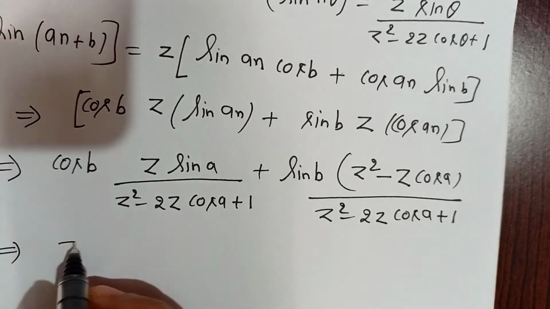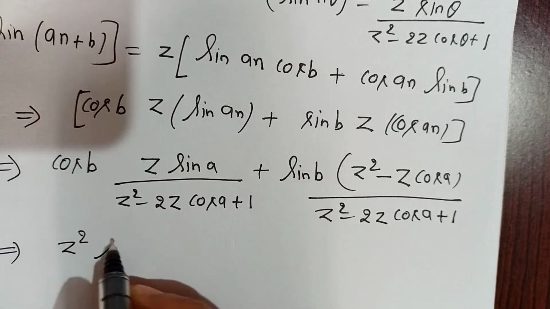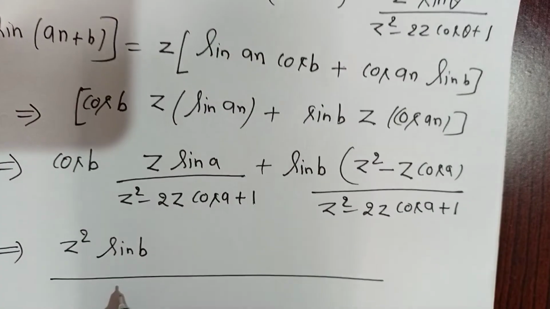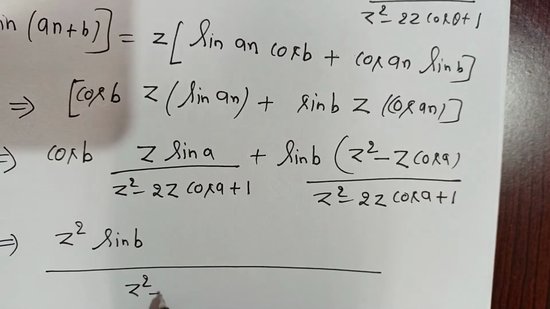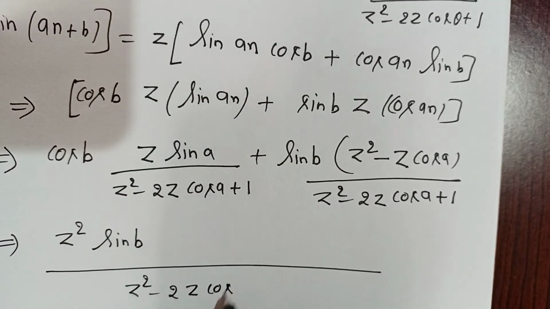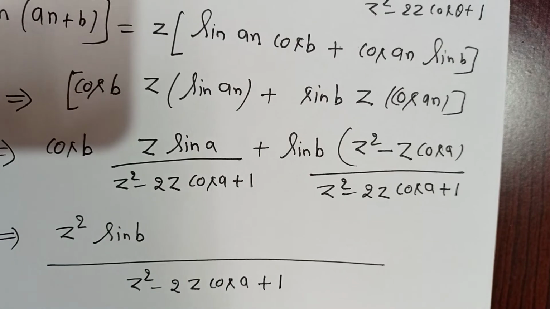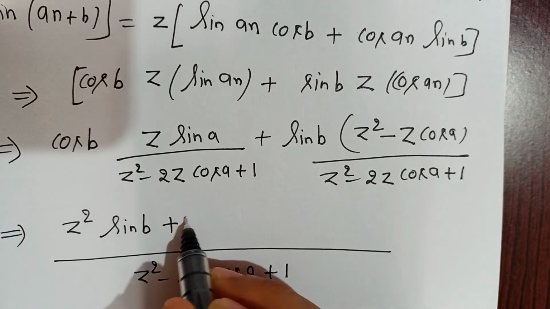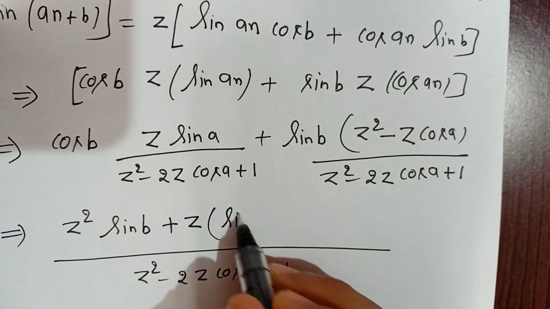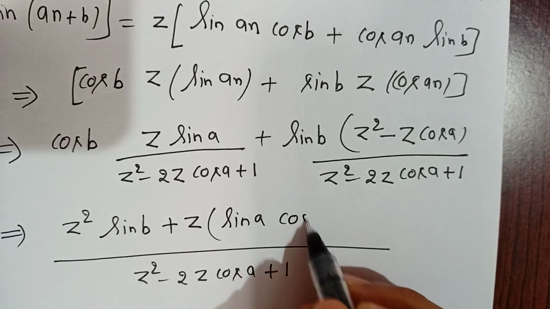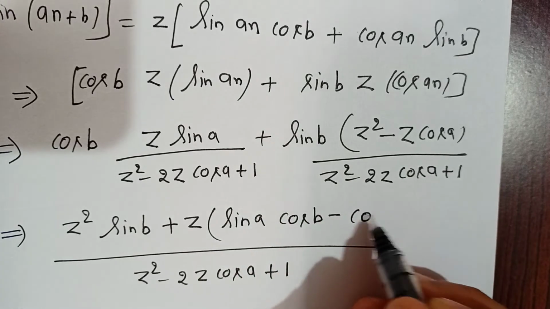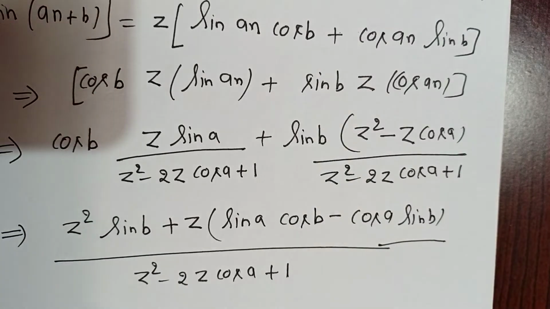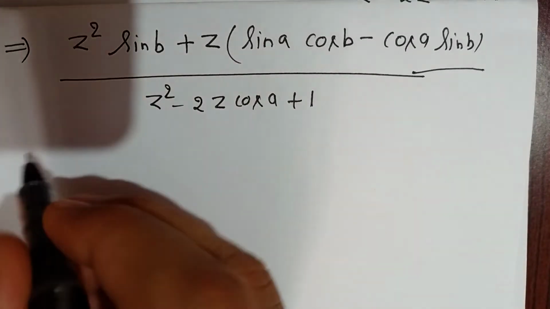So we get z² sin b, denominator is same, so we can write z² − 2z cos a + 1. So we can have z² sin b plus z we can take common, so we get sin a cos b − cos a sin b. So this will be sin(a−b).